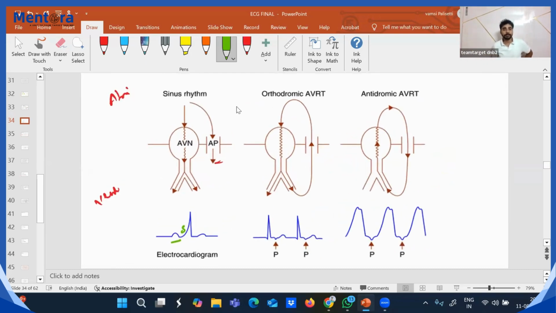Orthodromic and antidromic. So what is orthodromic here? What is happening here? Here the re-entry is happening.